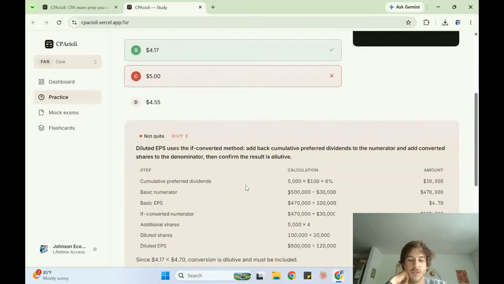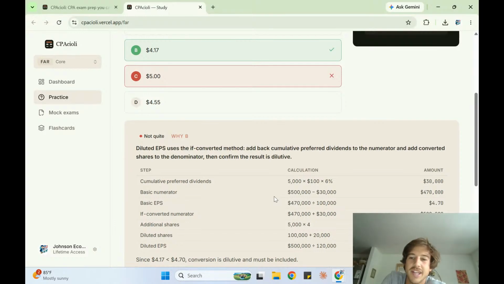I'm going to have to just read it. Thought I was onto something, but I don't know. Okay. So for diluted EPS, use the if-converted method. It assumes that everything that can be converted is converted. So let's see how it actually does it.